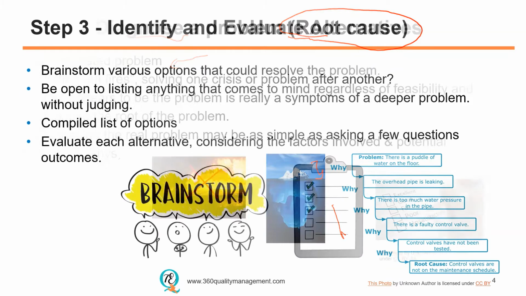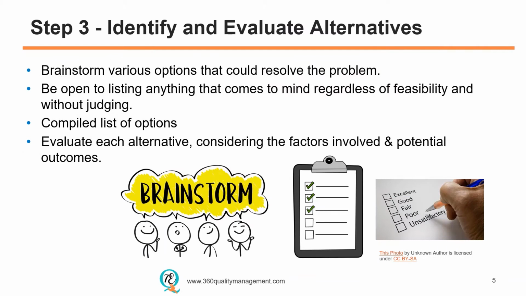Next, once we have identified the root cause, we have to identify the potential alternatives or action plans that could solve the problem. If there are a lot of action plans, that means we have to list out everything, and it should go through maybe a brainstorming session.